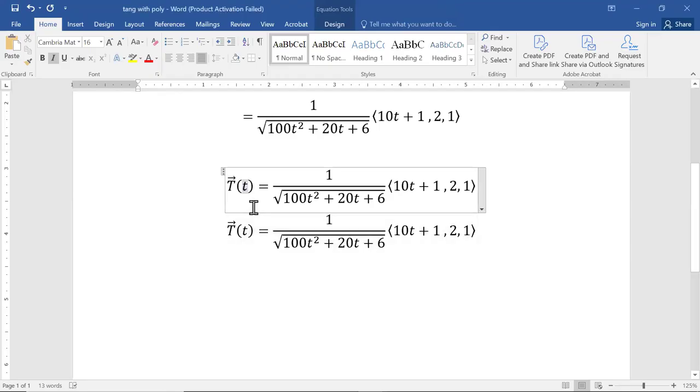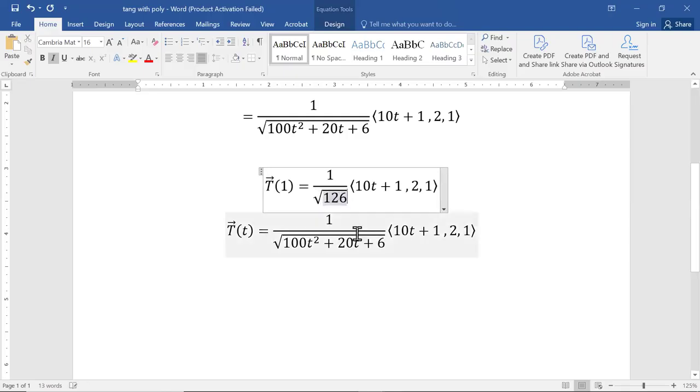Now, lastly, just to calculate it, let's plug in a couple of values. Let's plug in 1. If I plug in 1, 100 times 1 squared plus 20 plus 6 becomes 126. That's going to be what's underneath the square root.